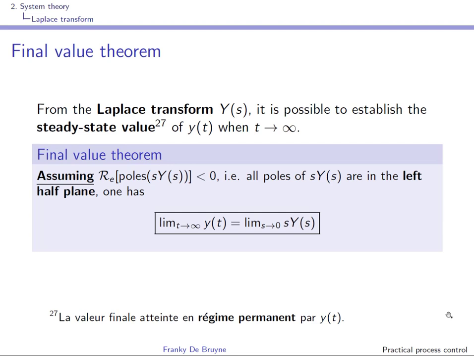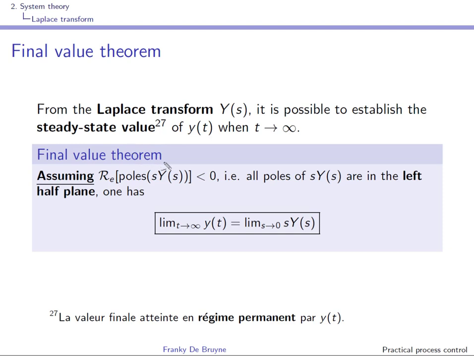It is possible to do something very similar to establish the steady state value of y of t when t tends to infinity. So that's the value of y of t when all the transients have disappeared.